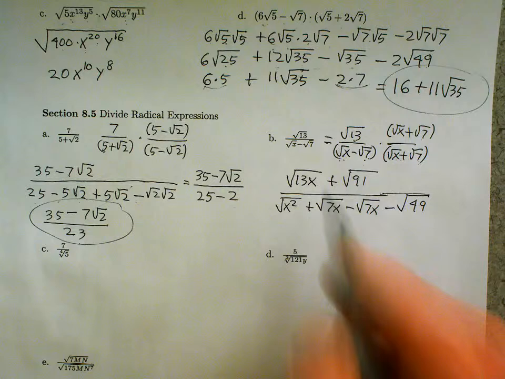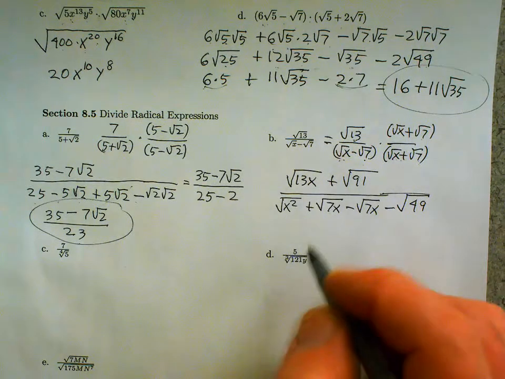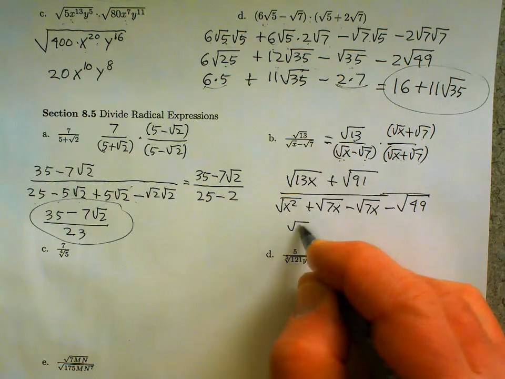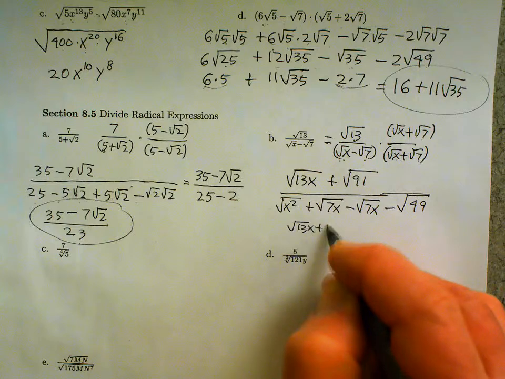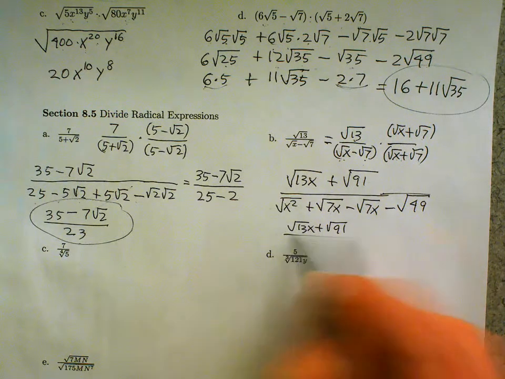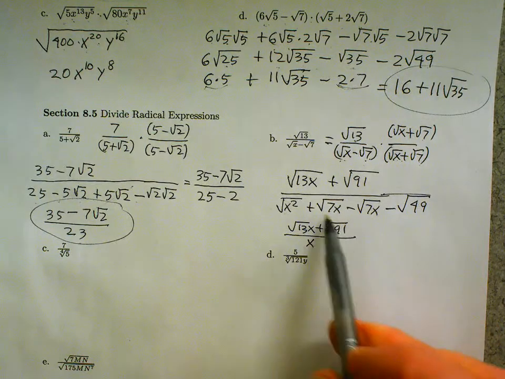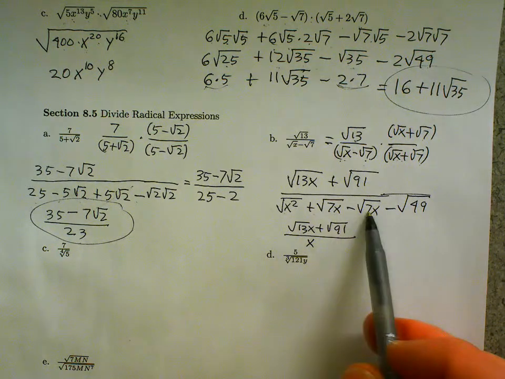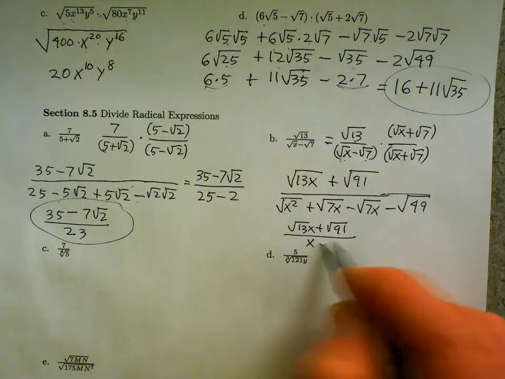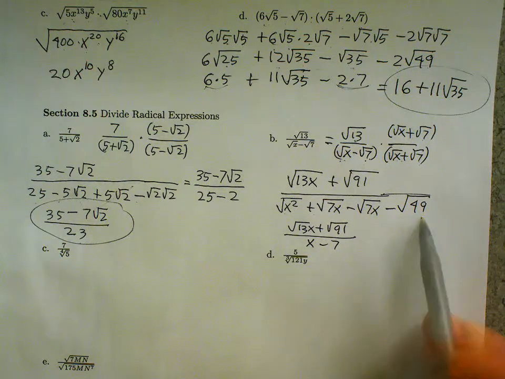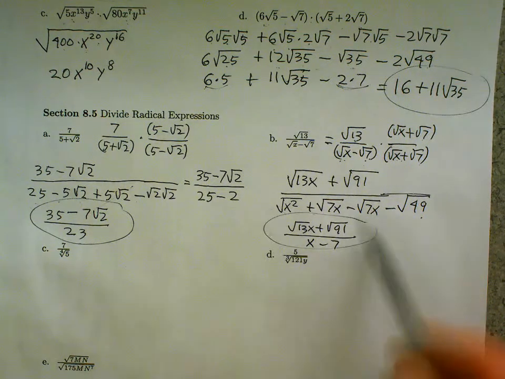Okay, the numerator can't be simplified further, so we have the square root of 13x plus the square root of 91. And in the denominator, the square root of x squared is x. The two middle terms add up to 0, and then we just have minus 7 because the square root of 49 is 7. So that is our simplified answer.